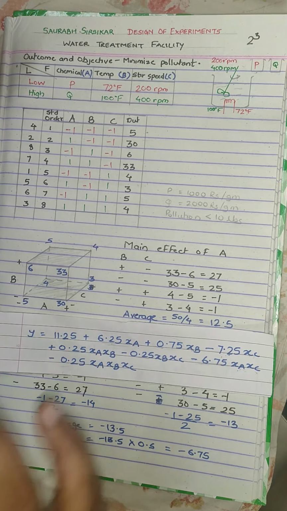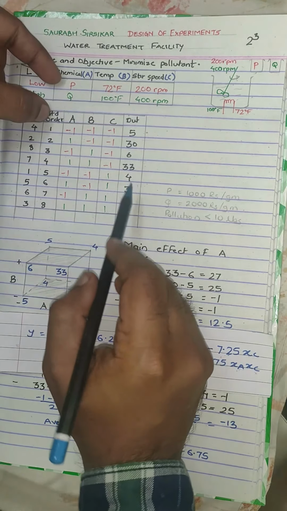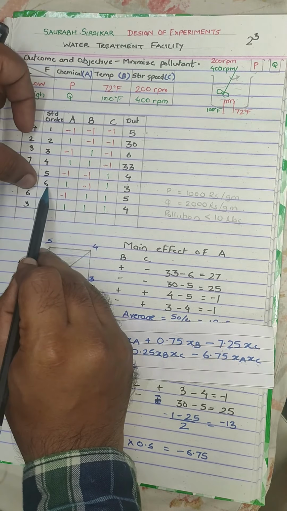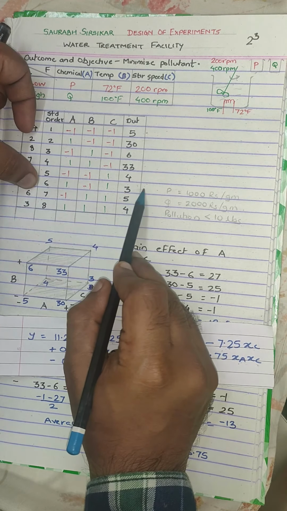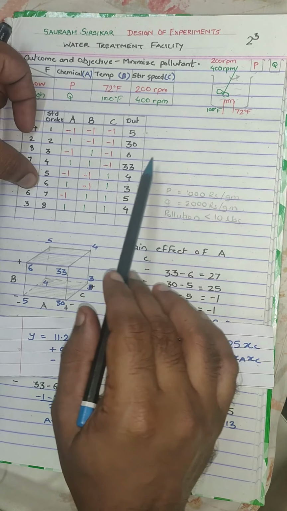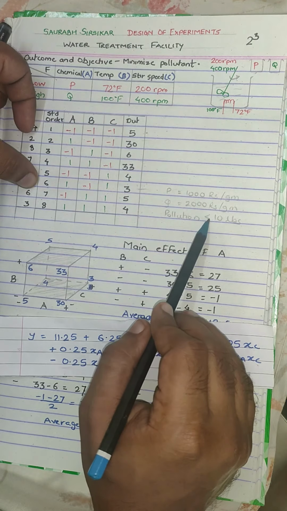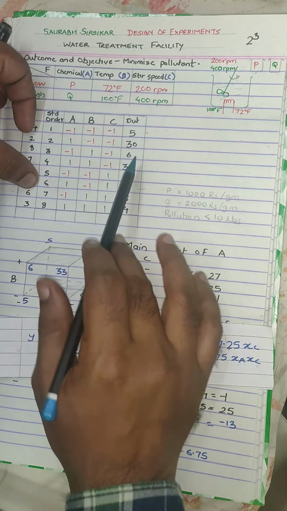Just pause the video and think about it. Here we can see that in this 6th combination we have the lowest amount of pollution, right? Any combination which is less than 10 pounds of pollution is acceptable for us.